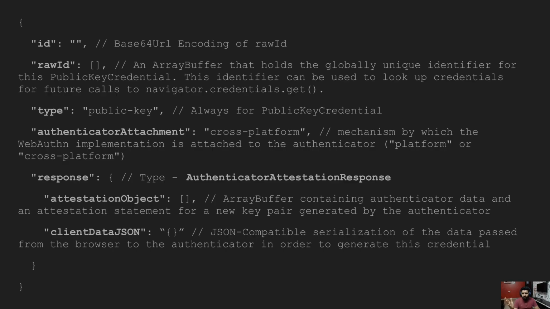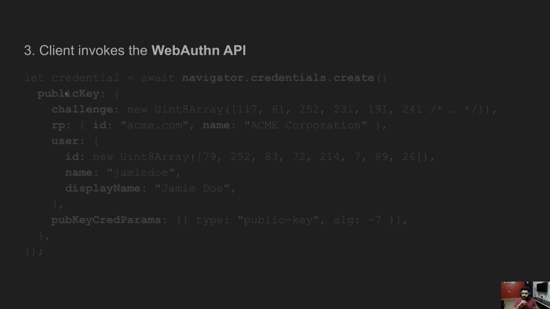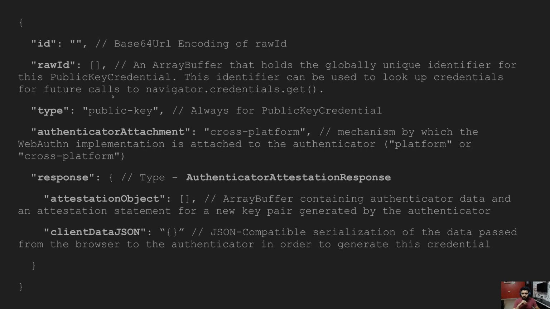First of all, it will be ID. This is a credential ID. Then rawId. So basically ID is the base64 URL encoding of rawId. Then type is public-key, since we specified public-key here. And for passkeys, it is always public-key.